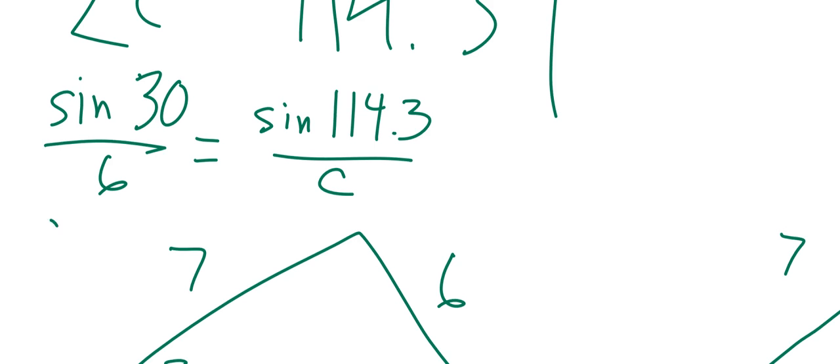And let's look at green. C equals 6 sine 114.3 divided by sine 30. What'd you get? Something over 10.